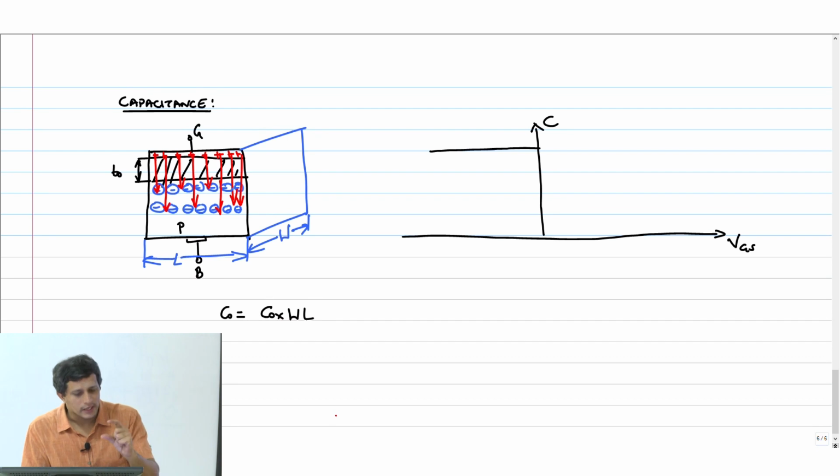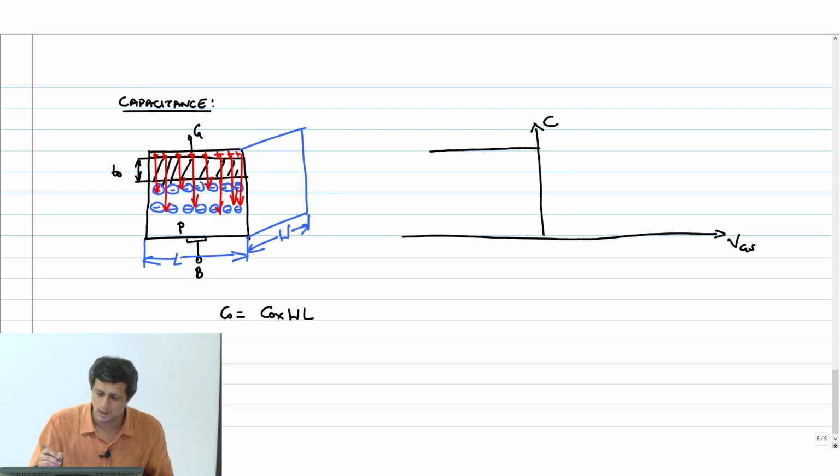So, therefore, the capacitance in this depletion mode is going to be the capacitance of the oxide in series with a depletion capacitance. Obviously, if you put two capacitances in series, then it drops. It's C1 C2 by C1 plus C2, and therefore this capacitance will now drop.